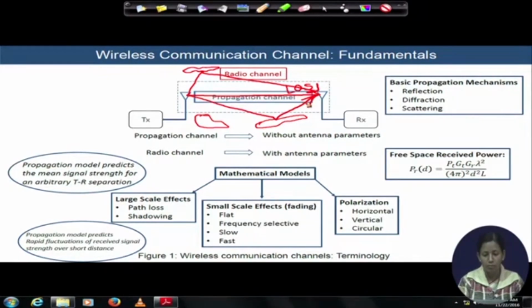There are several scatterers, and for each and every scatterer there are scattered rays coming from each of their points. Over multiple scatterers present in the environment, you are expected to get a huge number of multiple paths arriving at the receiver front end.